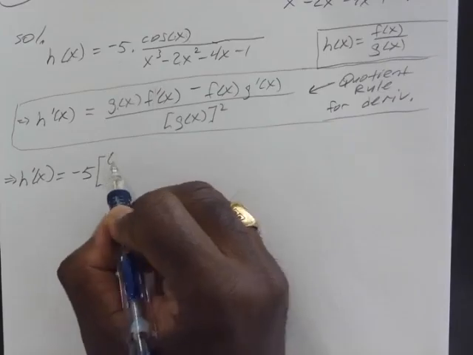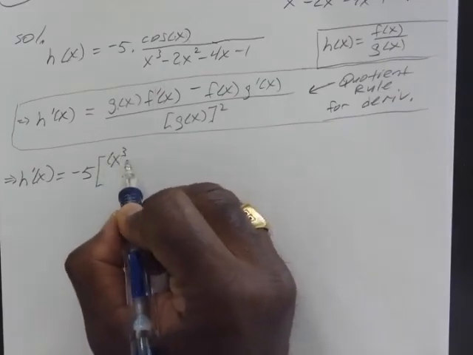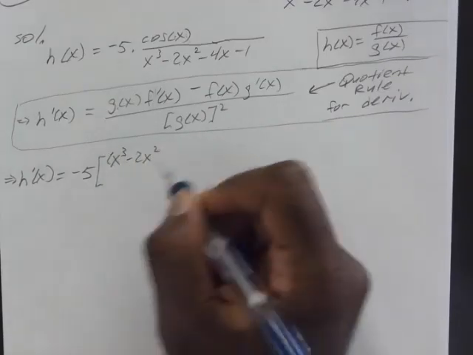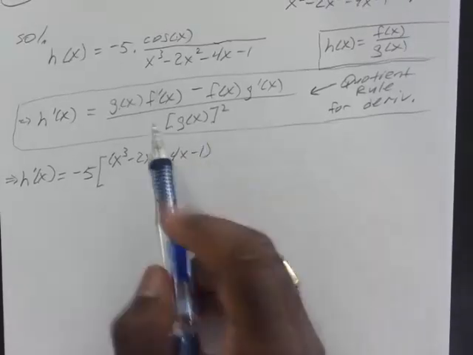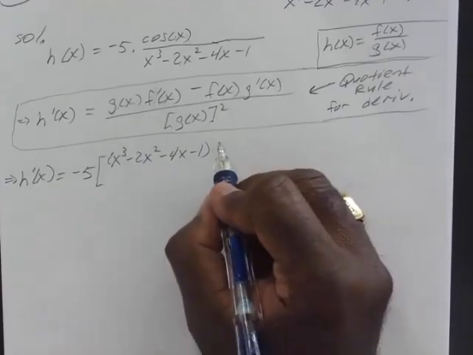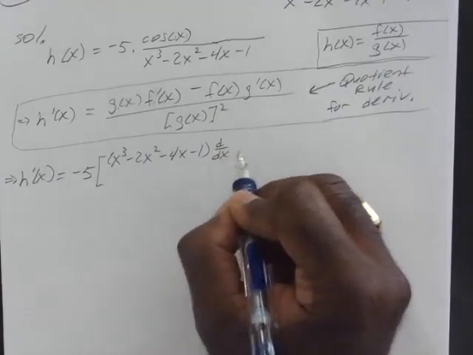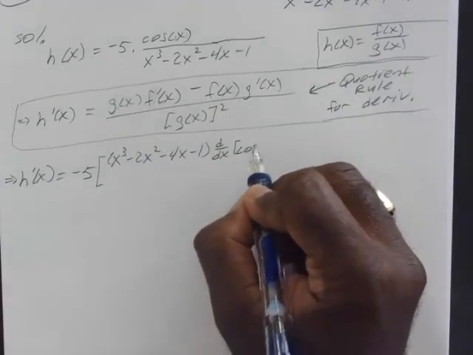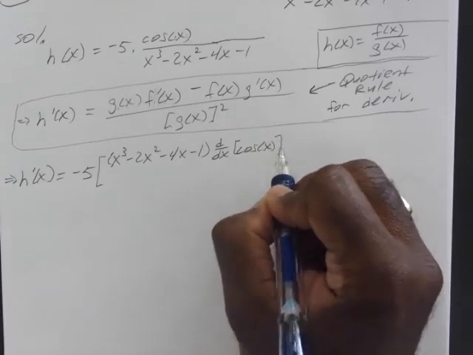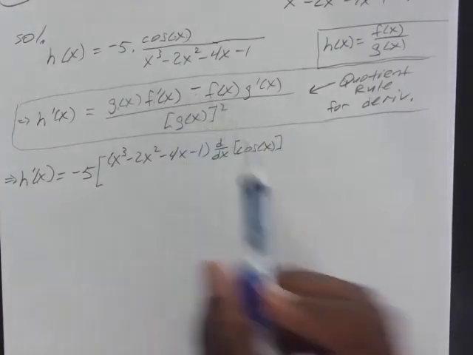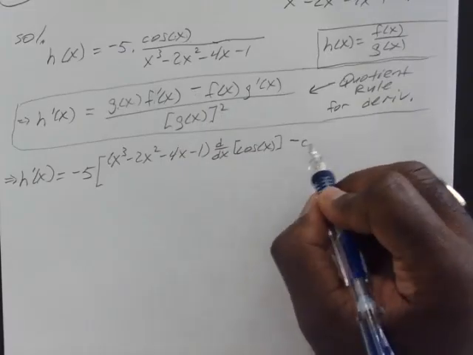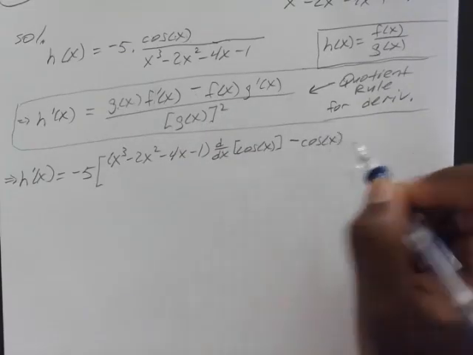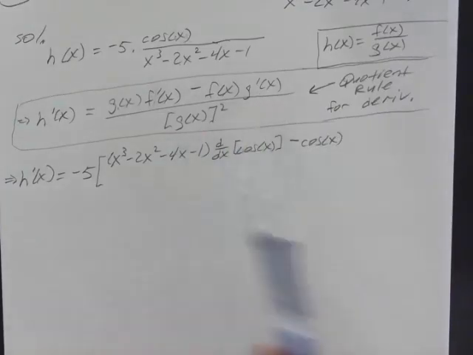So that's going to be x to the third power minus 2x squared minus 4x minus 1 times the derivative of cosine of x, minus your numerator times the derivative of your denominator.